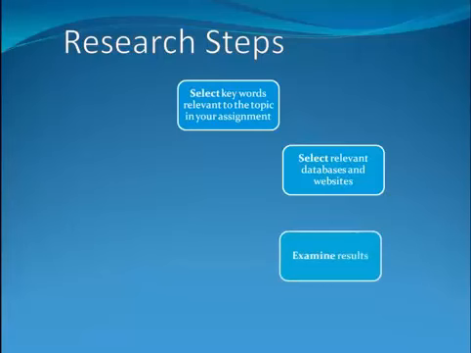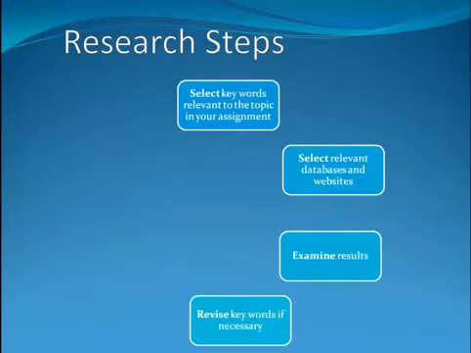The third step is, once you have placed the keywords into the relevant databases or websites, please examine the results. If these results are not appropriate to what you need, they aren't relevant, then revise keywords if necessary. Try other words that describe your topic.